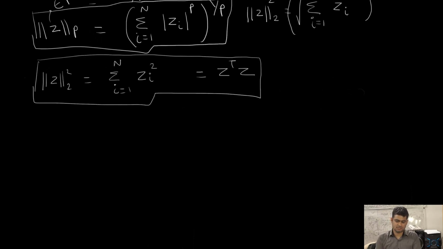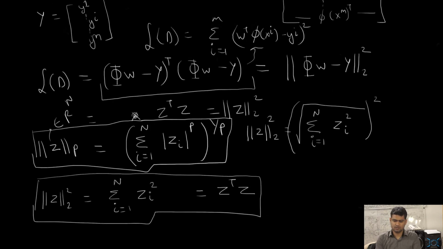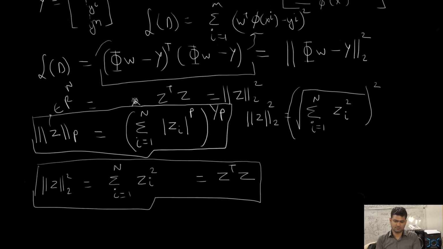So using this, we can just rewrite this as simply phi times w minus y. The L2 norm of this is squared.